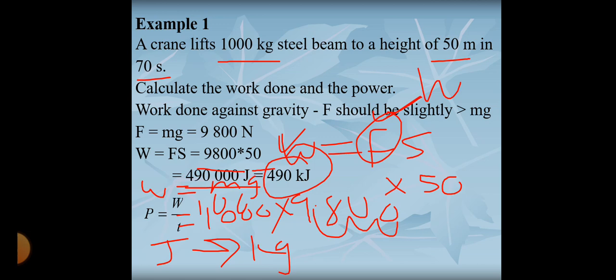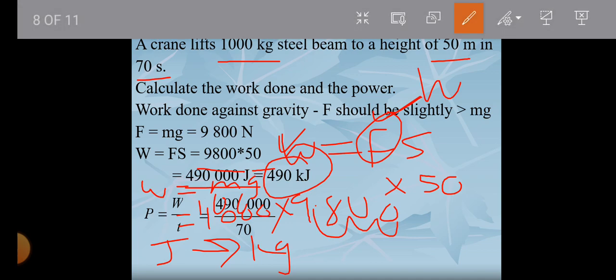Mind you, we are supposed to find the power there. The power is equal to work done over time. So what is our work done? Our work done is 490,000, and we're going to divide by how many seconds? 70 seconds.